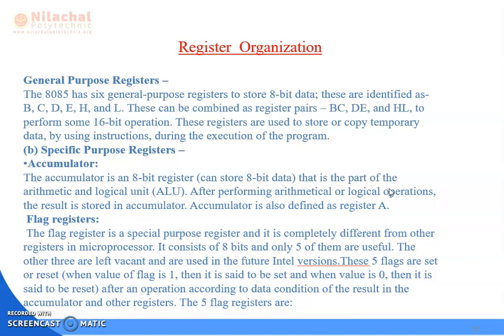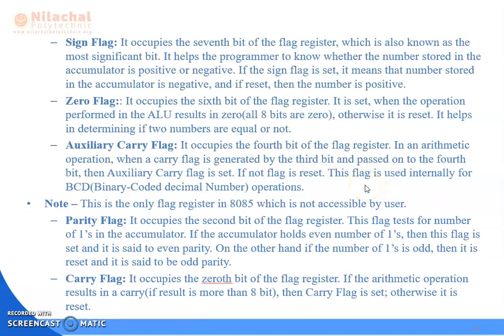So the 5 flags are the sign flag, zero flag, auxiliary carry flag, parity flag and carry flag. First we will discuss the sign flag. It occupies the 7th bit of the flag register, which is also known as the most significant bit.